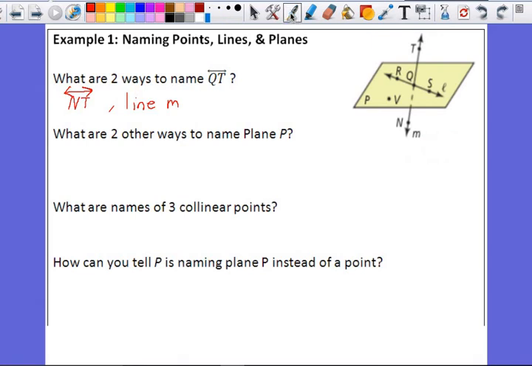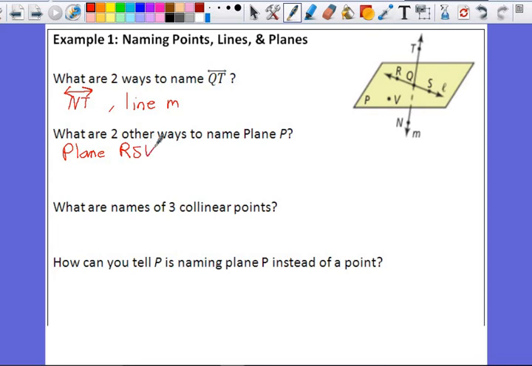All right, so what are 2 other ways to name plane P? Well, for naming plane P, you need to use either the letter that's used, which is P, which they already did, so we can't use that, or we have to use 3 points that do not make a straight line. So could I use QRS? No. And the reason why is those 3 actually form a straight line. So I can use RSV, so we'll call it plane RSV.